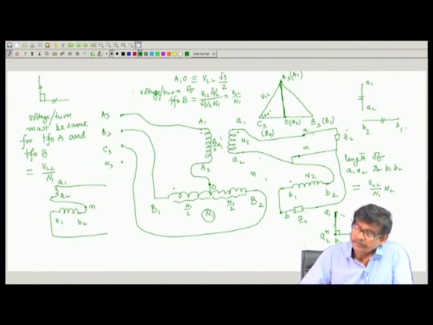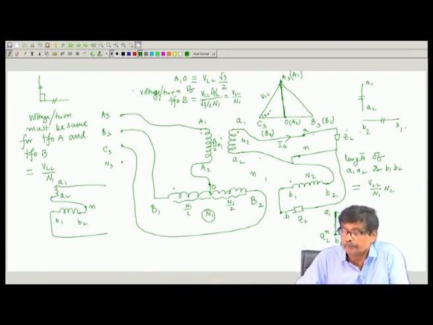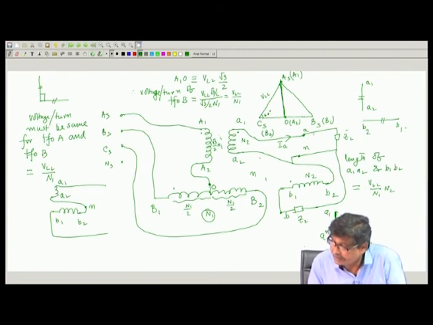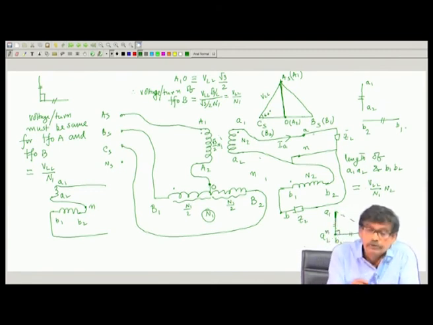Now, suppose it supplies a current I A, direction of the current I have assumed. So, I A here, depending upon the power factor angle of Z2, it will be positioned.